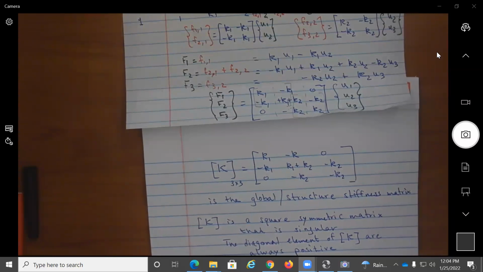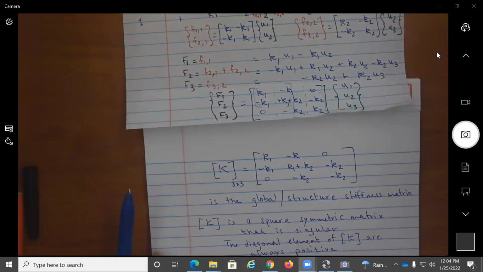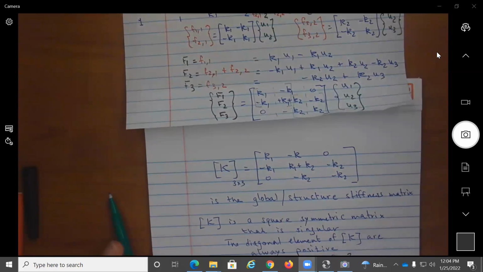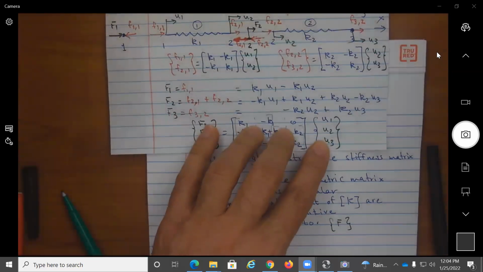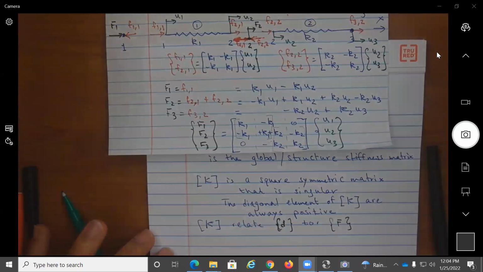K relates the uppercase F's, or D relates D, the nodal displacements, to the global external forces F. And I want to say a quick note on D, because I use the same D for the global or the structure equations as well as the local.